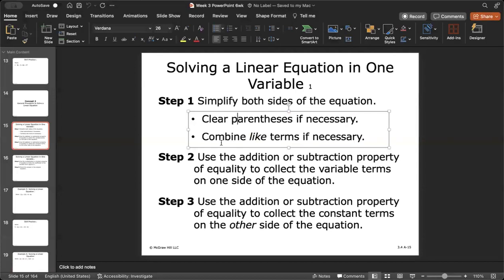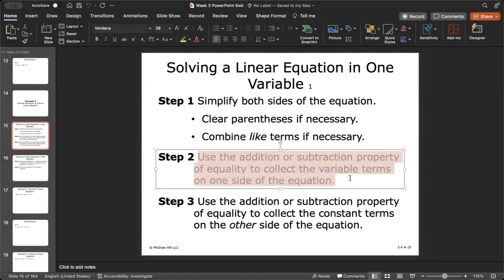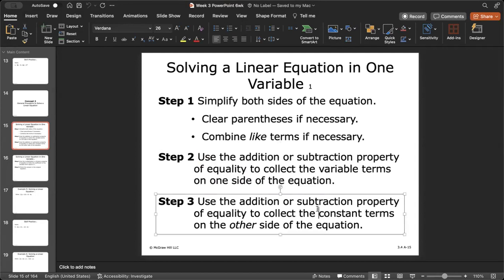Once you do these two things, then you will add the opposite to move terms from one side of the equal sign to the other side. So you're going to move your variables when you have variables on the opposite side of the equal sign, add the opposite to collect them to one side of the equal sign. And then same thing with the numbers, add the opposite of those to collect those to the other side.